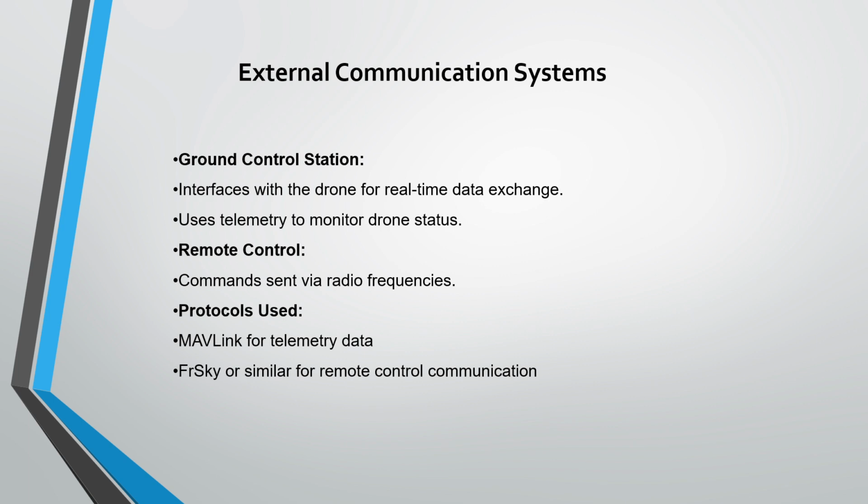The remote control sends commands via radio frequencies. And the last one, the protocols used in external communication systems, are MAVLink for telemetry data, and FrSky or similar for remote controller communication.